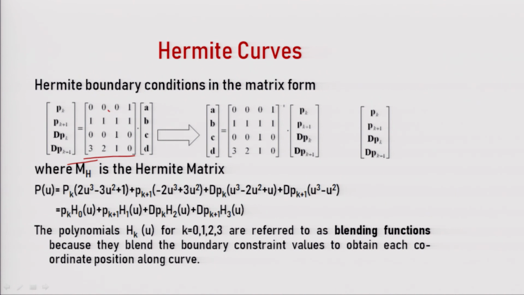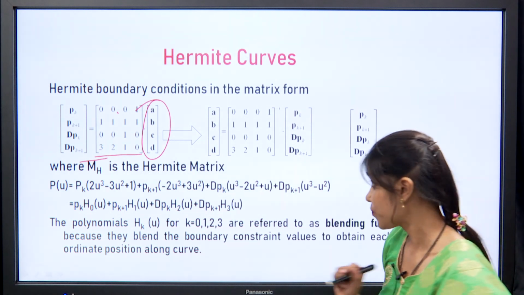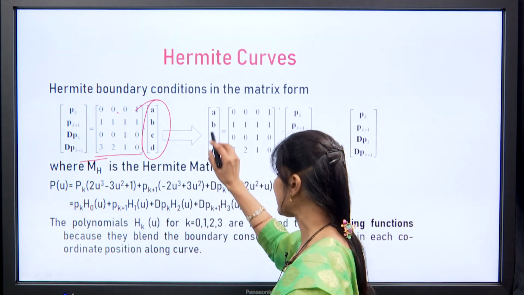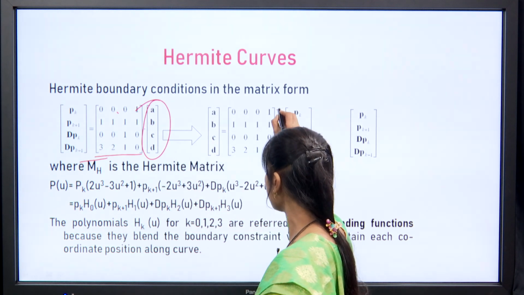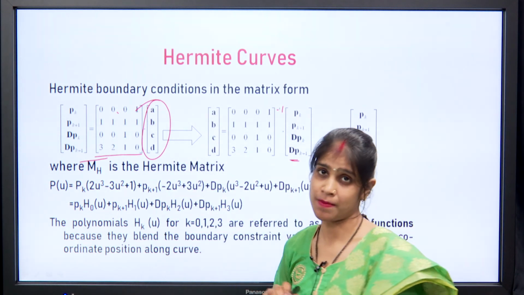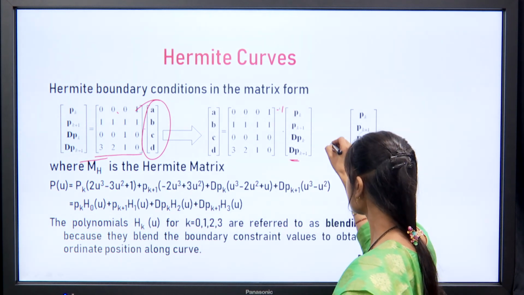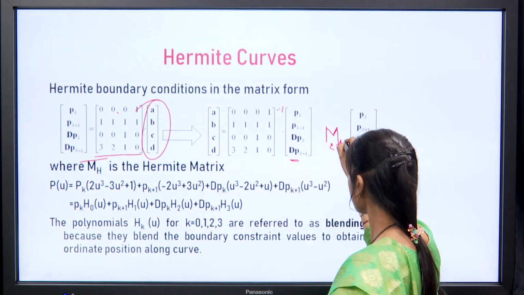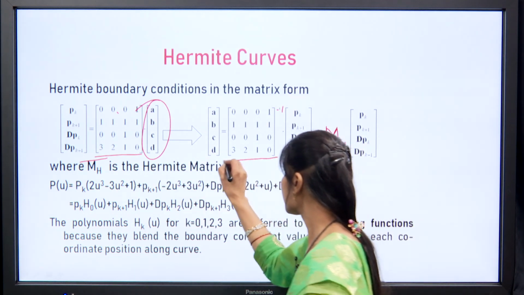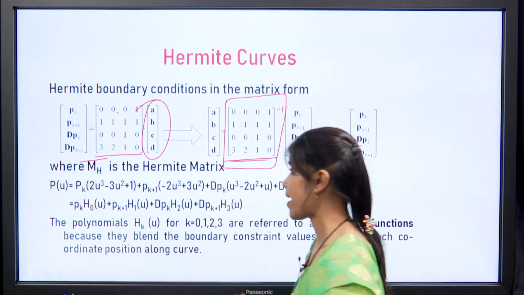As I have told you earlier, you have to calculate these 4 parameters, A, B, C and D. How will you calculate A, B, C and D? Just take the inverse of this matrix and multiply it with this matrix. Then you will get M of H. This is your Hermite matrix. This matrix is known as the Hermite matrix.